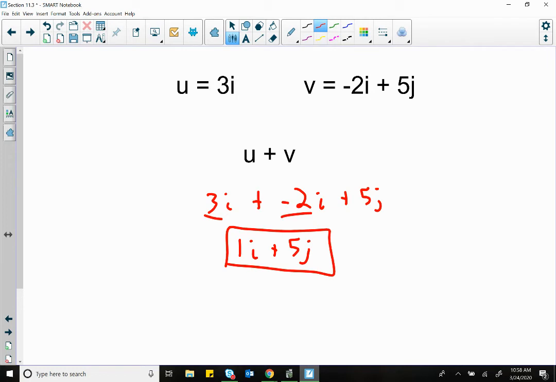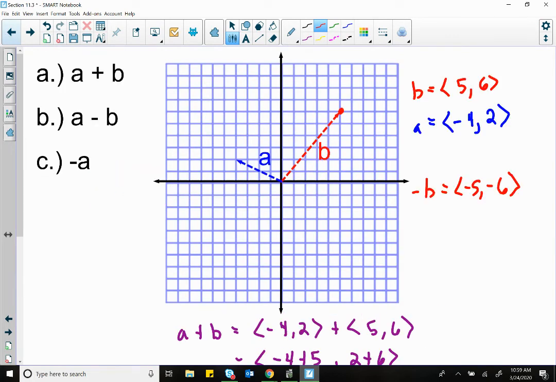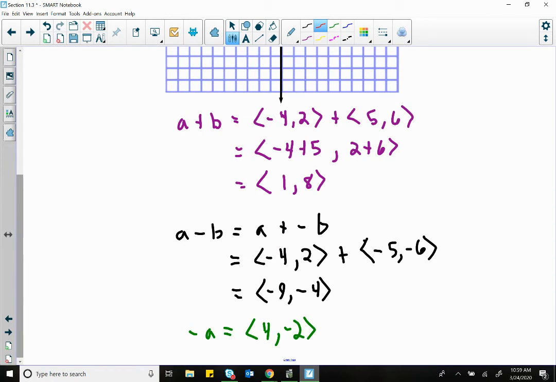Again, though, just remember, a unit vector is just another way to write a vector. So up here, if you want to work with it as a position vector, all this really is is 3, comma, since there's no j, that's 0. Over here, this is negative 2, comma, 5. And then you can go right back to what we just did a couple minutes ago, where you can add and subtract the quote-unquote x pieces together and the quote-unquote y pieces together.